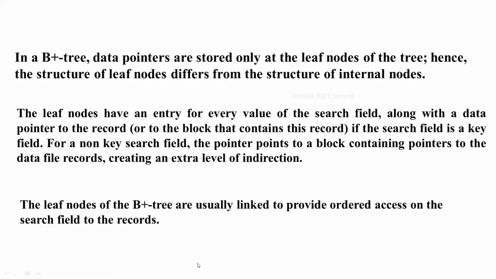As I told you before, you'll be having data pointers existing at the leaf nodes. You'll be having tree pointers existing at the root node and the internal nodes of your B plus tree. And the third type of pointer is the pointer which exists on the leaf nodes of the B plus tree, which are usually linked. That is, all the leaf nodes of the B plus tree are linked to each other to provide ordered access to your records.